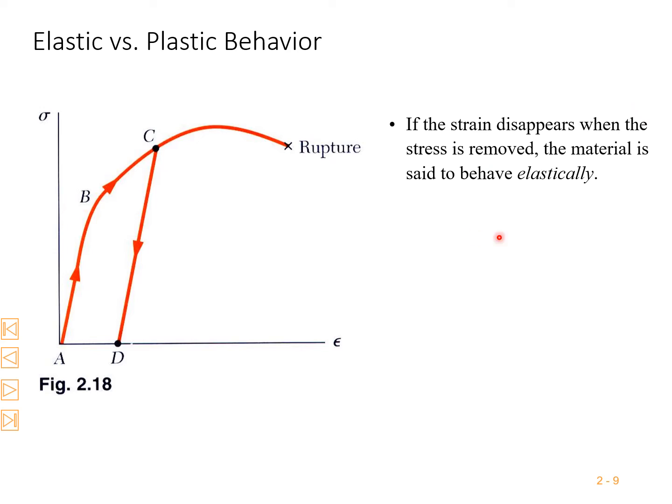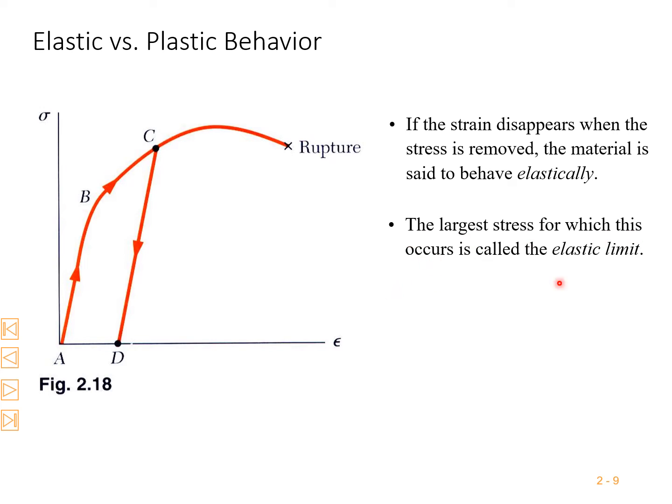This is how we can define the elastic behavior of a material. The largest stress for which this occurs is called the elastic limit. Here there is some stress limit until which it can go back, the strain will be removed if you remove the stress. Thus the largest stress value is called the elastic limit.